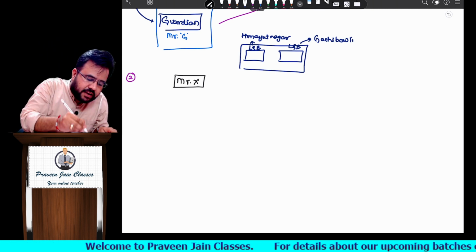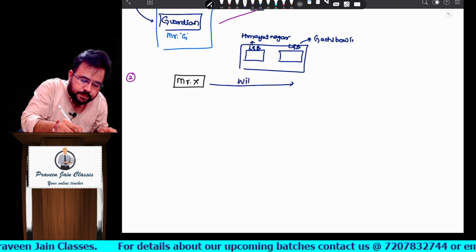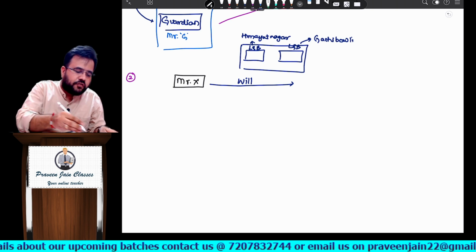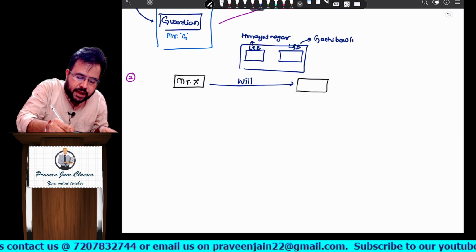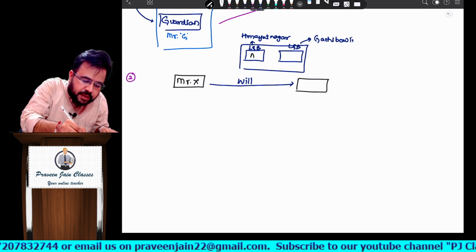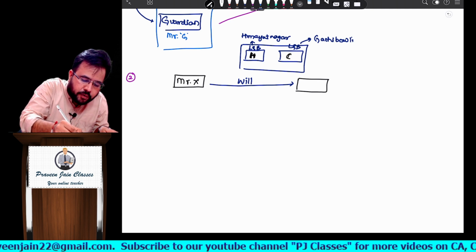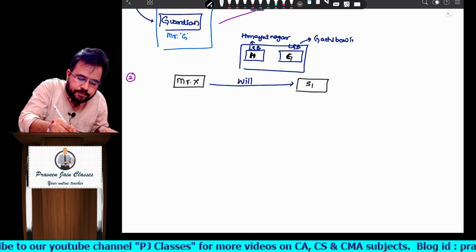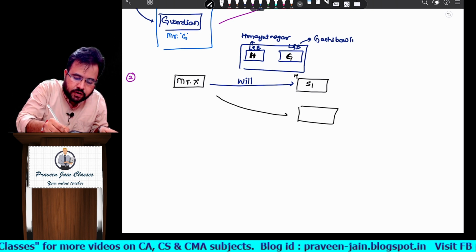Now, Mr. X, sir, now he has executed one will. He made a will, which generally we say, sir. So the will has been prepared, sir. In this will, what he has said, sir, my land and building, we will say this Himayat Nagar property, Gachibowli property. So Himayat Nagar property will go to my son number 1, and Gachibowli property will go to my son number 2, sir.